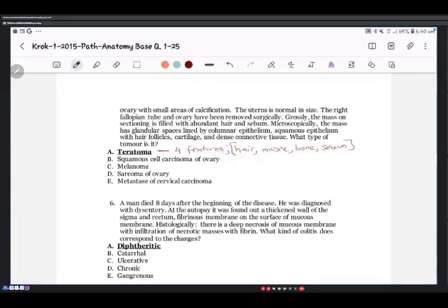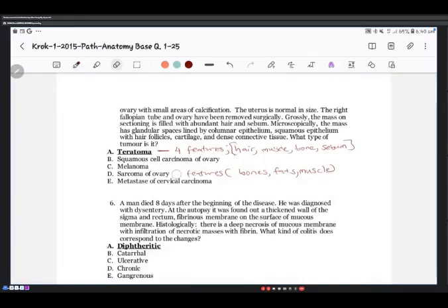Sarcoma of ovary, it is just bone, fat, muscle. So this is tri-something sarcoma actually.